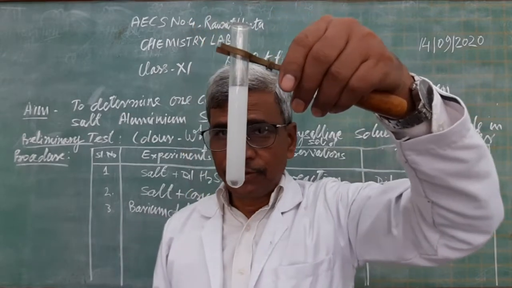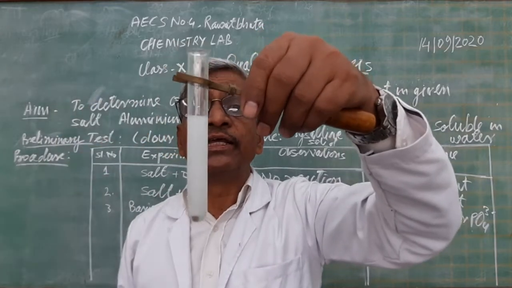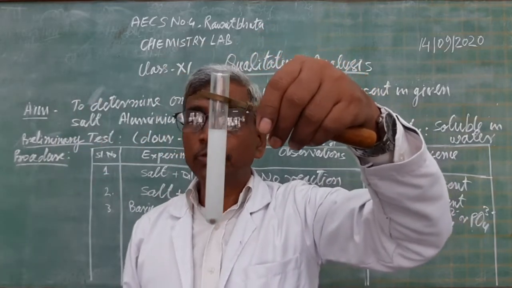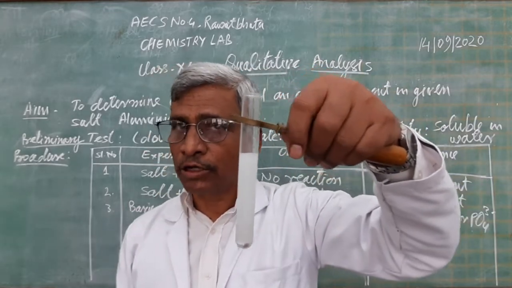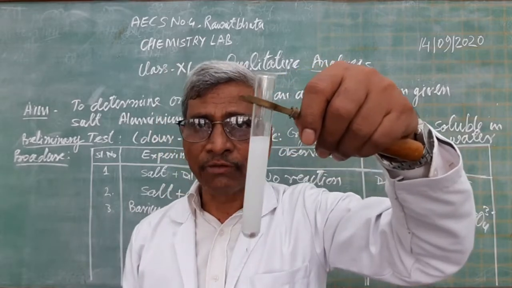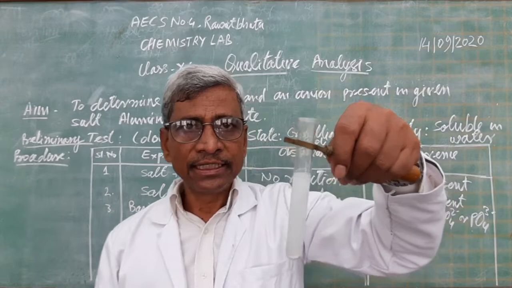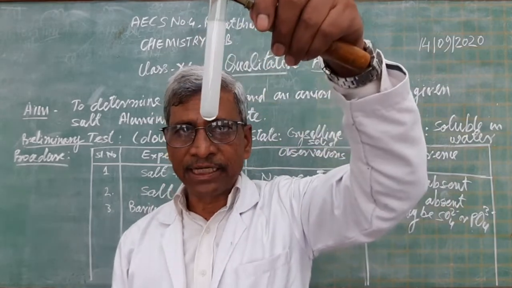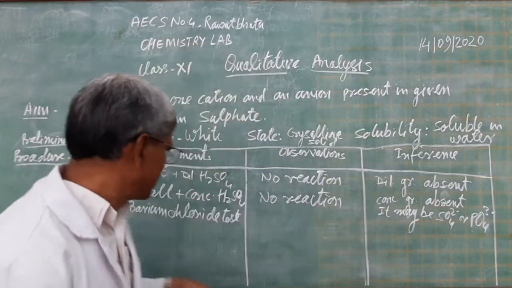If we keep it for some time, the particles will come down and settle. This is due to the formation of an insoluble salt of barium with the sulfate, and the salt is barium sulfate. Barium sulfate is white in color and insoluble in water, that's why we get the white precipitate in this experiment.